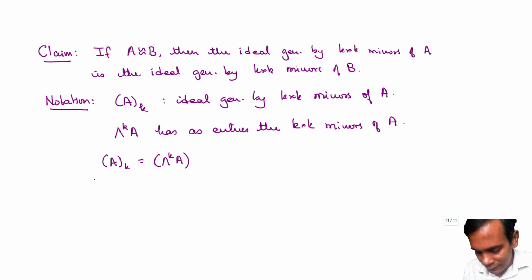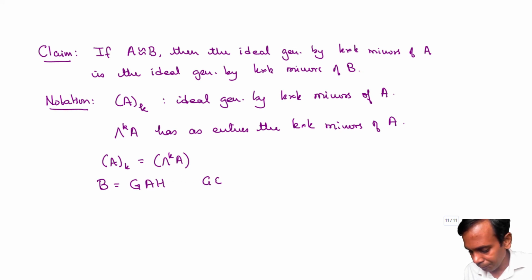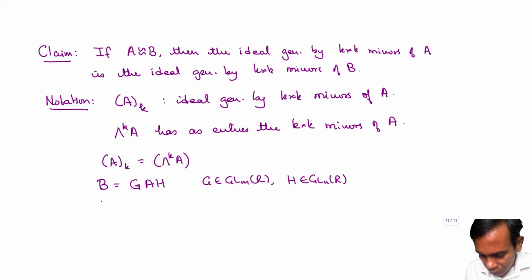So now if A is equivalent to B, then we have B equals GAH for some matrix G in GL_m(R) and H in GL_n(R). And likewise, we saw that the exterior powers compose nicely.